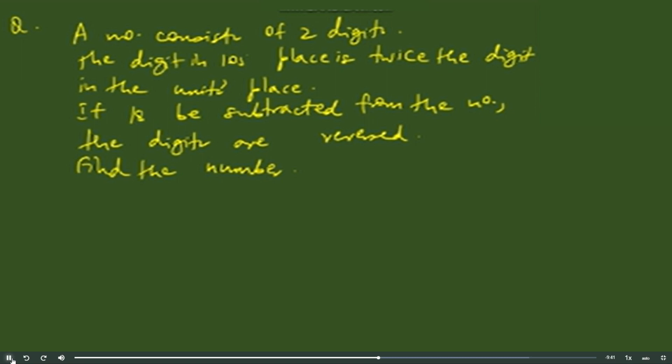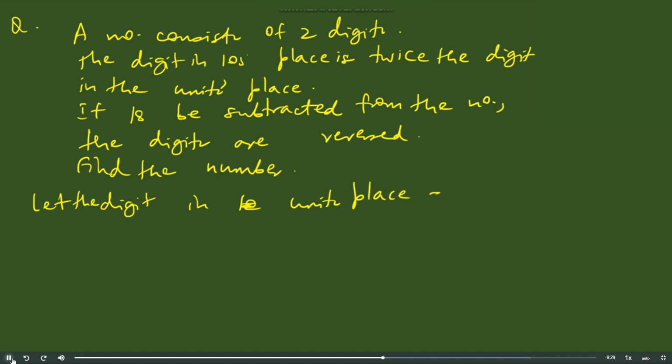So let us start. Let the digit in units place be x. The digit in tens place is twice the digit in the units place, so it is 2x.